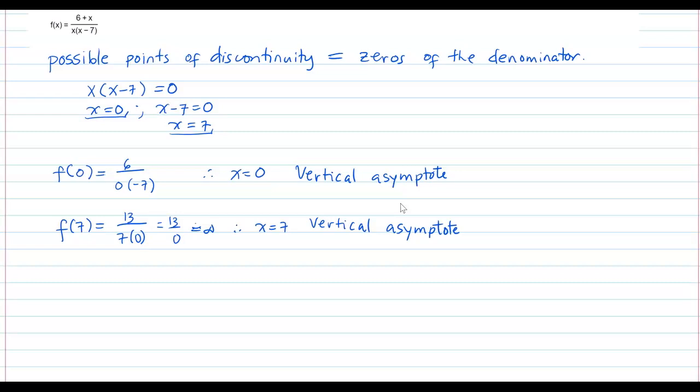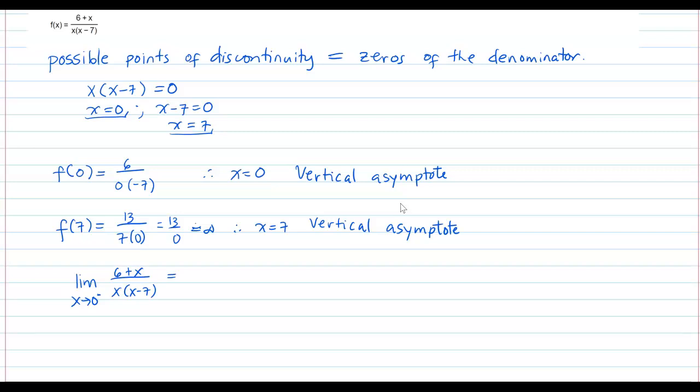Okay, so let's evaluate the limit of 6 plus x times x minus 7, as x approaches 0. So this one, we have to get the limit from the left and the limit from the right.